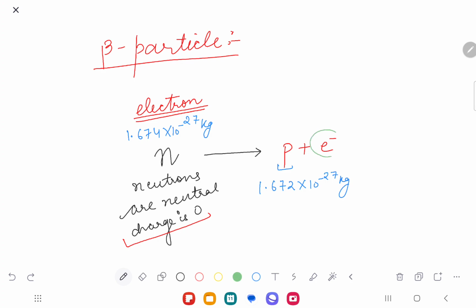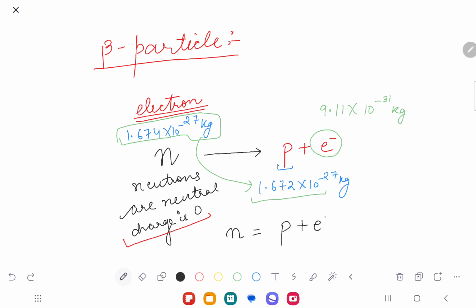That slight difference in the mass is because neutron is slightly heavier. So when they subtracted their masses, the mass difference came out exactly to be the mass of the electron. So they said that neutron is nothing but made up of proton and electron.